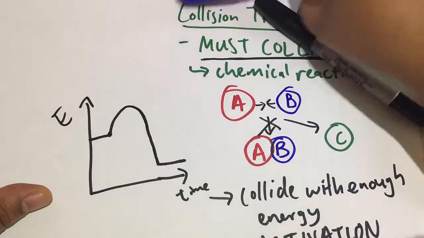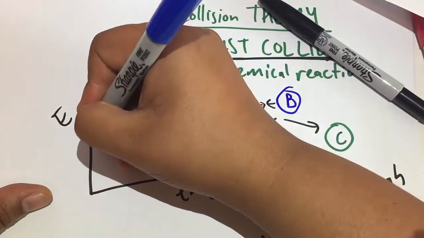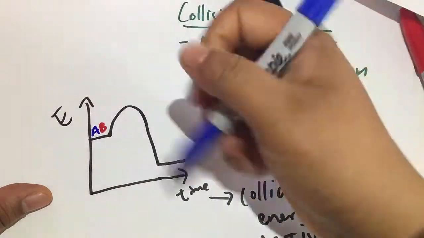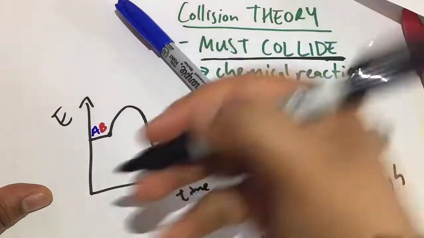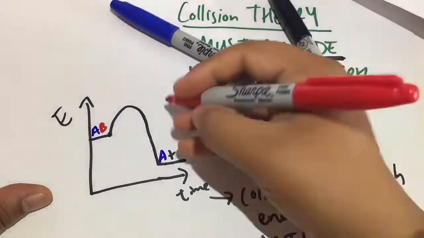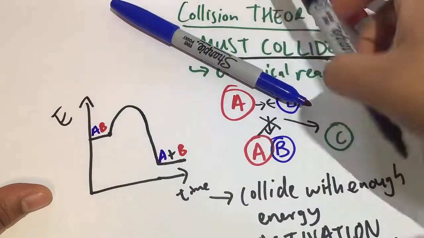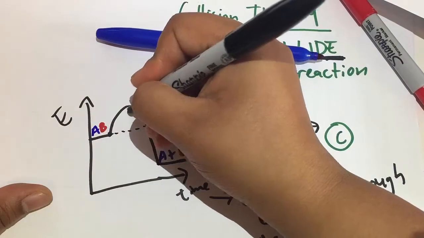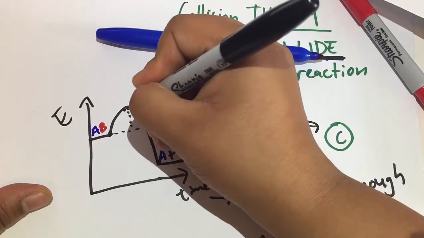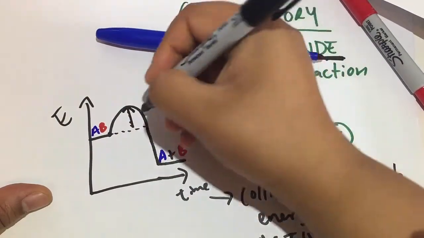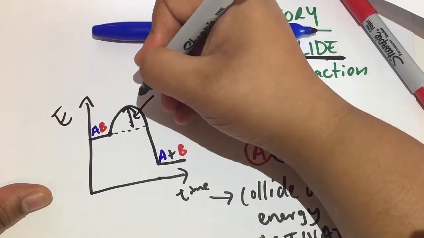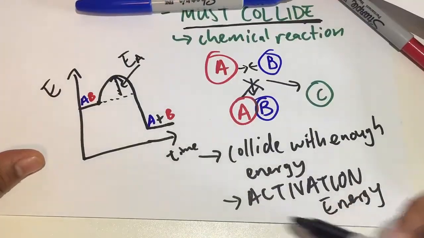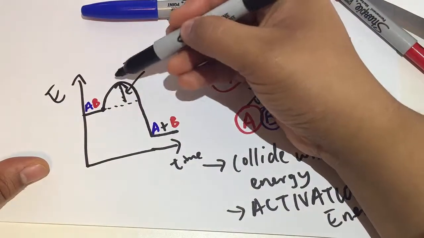So it could be that this is AB, and when it reacts, it's going to make A plus B as its products. But the idea is that there's a bit of a difference between what it started off as and what it ended up being. And so we refer to this as the activation energy, or EA. So that activation energy tells us how much energy it needed in order to react.